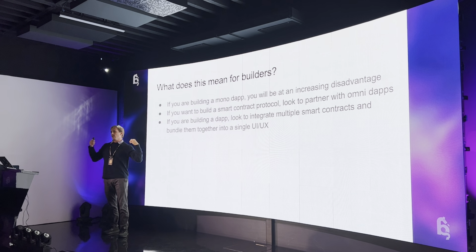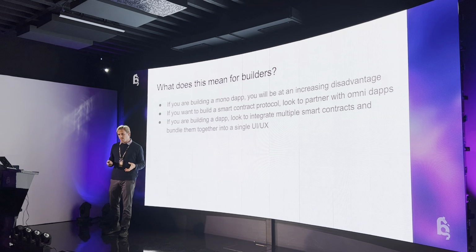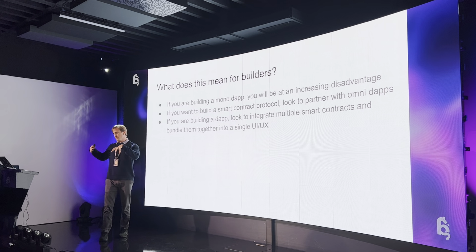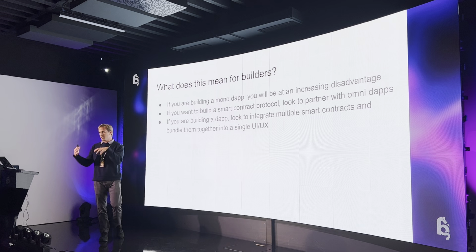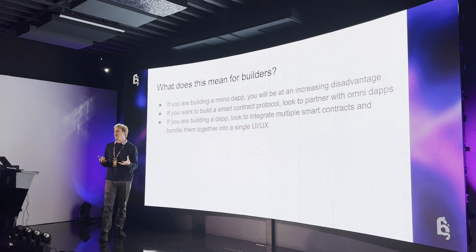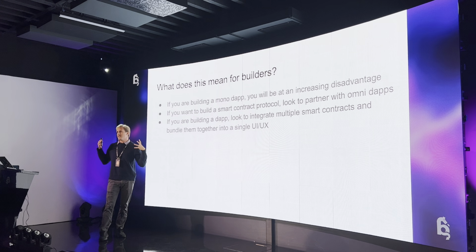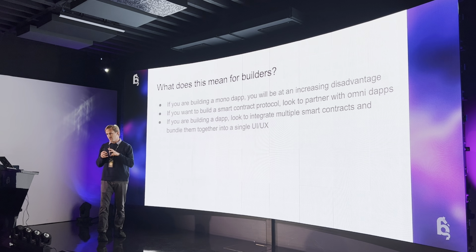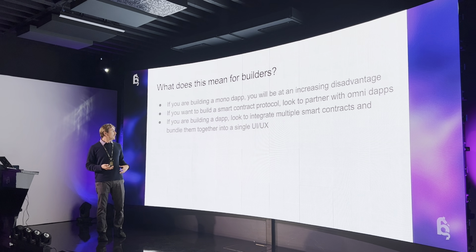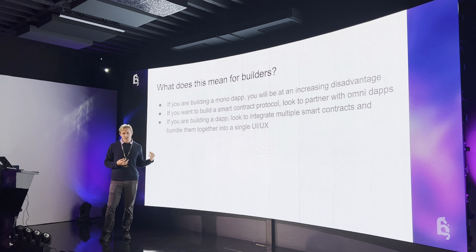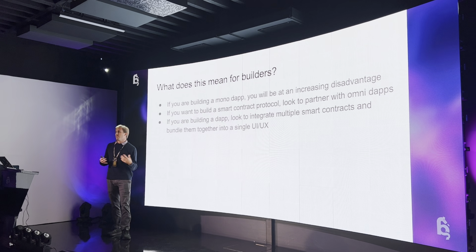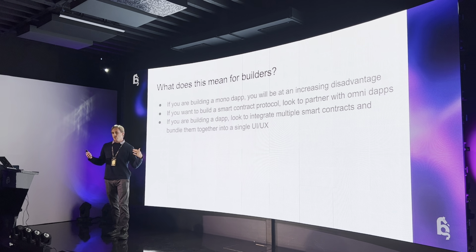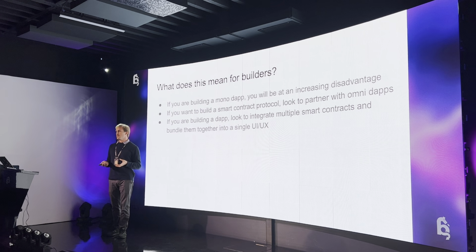So if you want to attract users to your platform, find a way to integrate your smart contracts with someone that already has an existing user base and already has a bunch of features bundled together. On the other hand, if you are looking to build a dApp, a front end for users, you should be looking at integrating multiple smart contracts, bundling together their features into a seamless user experience.